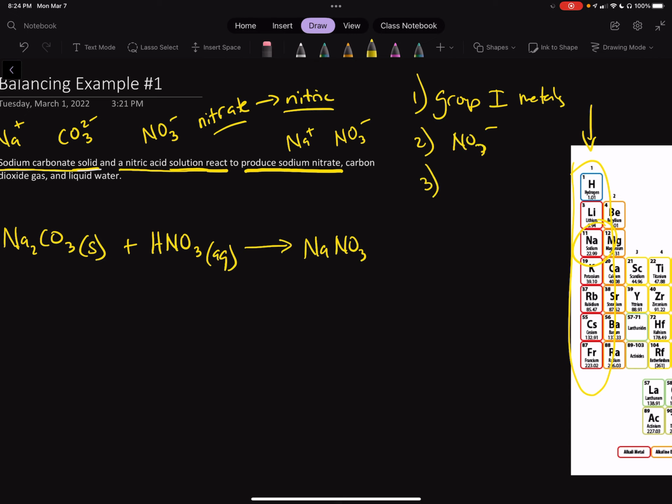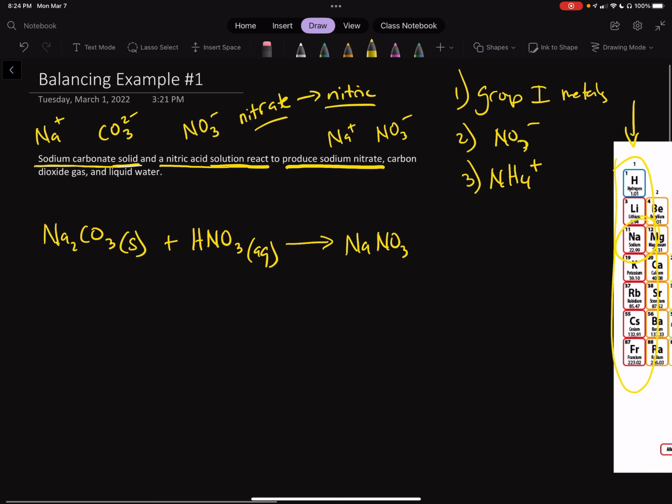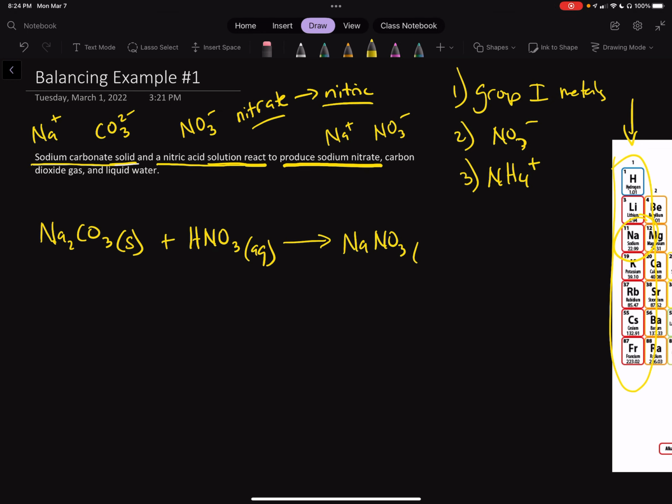And another rule is if you have ammonium compounds, that rule is not going to be used in this example, but those are the 3 simplest rules that we usually ask students to memorize because those rules do not have exceptions, but there are more rules than that. But anyway, point being, according to those rules, sodium nitrate would be soluble in water, which means we would label it aqueous. Next up, carbon dioxide.